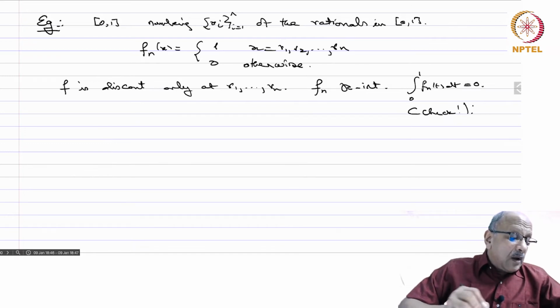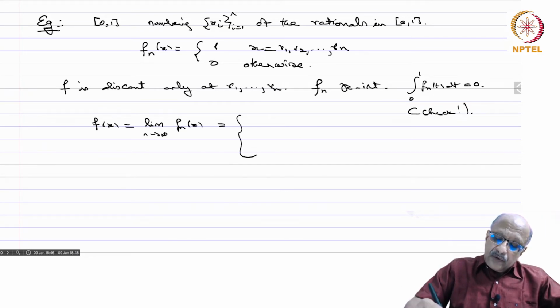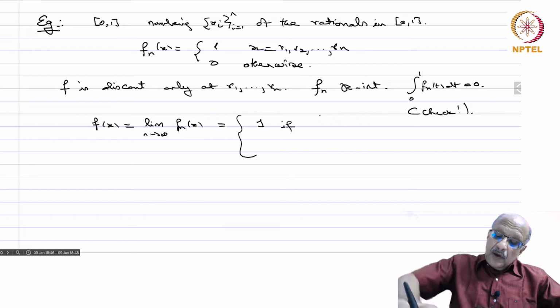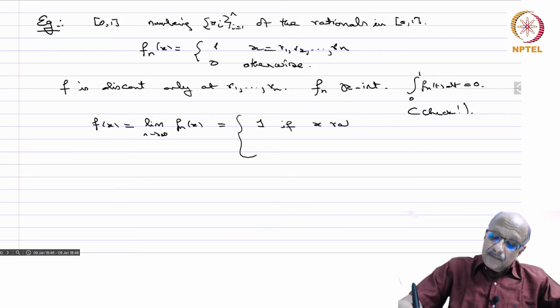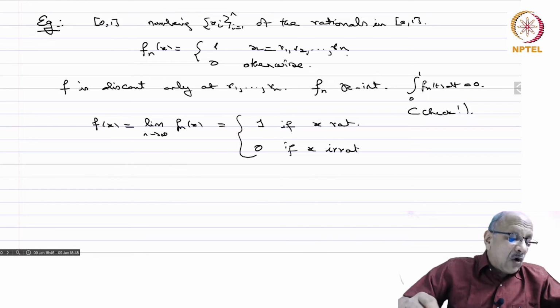Now let us consider f(x) equals the limit as n tends to infinity of f_n(x). What is this equal to? It's equal to 1 if x is rational and 0 if x is irrational, because slowly as n increases to infinity, you are going to cover all the rationals.